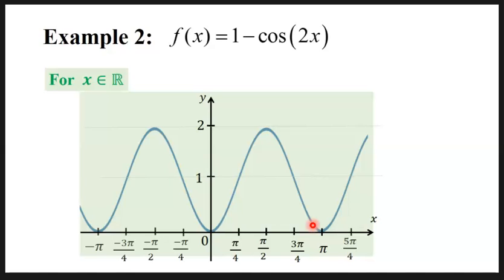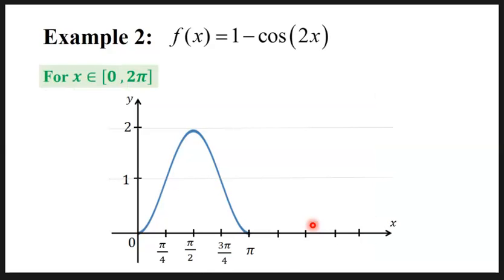What if I consider another case where I would like to have the domain as 0 until 2 pi, which is equivalent to 0 until 360 degrees? Again, I use the one cycle graph as a foundation. Next, I would like to find the location of 2 pi.